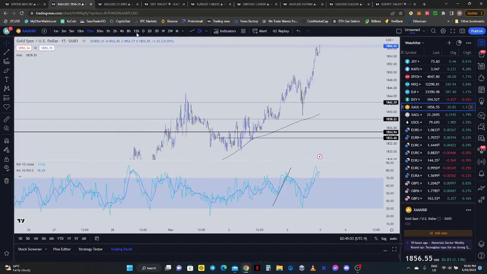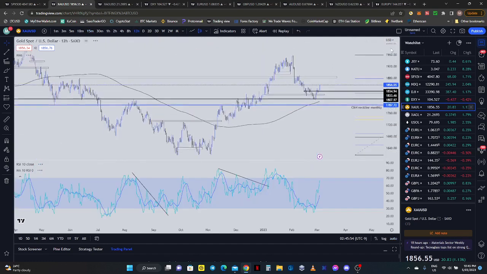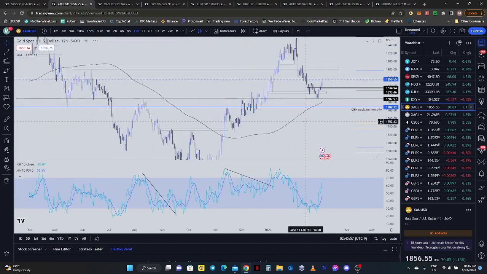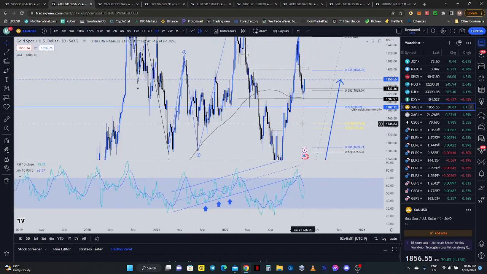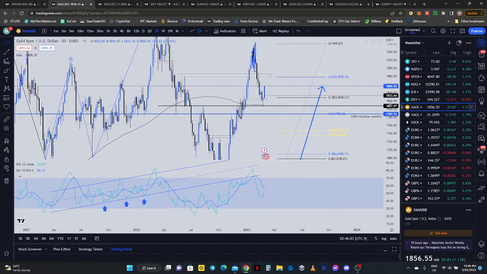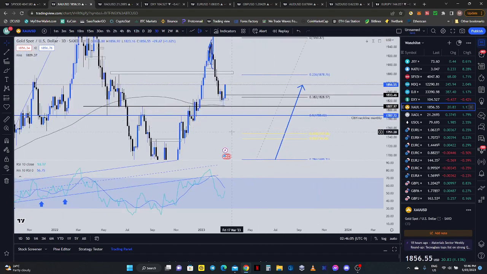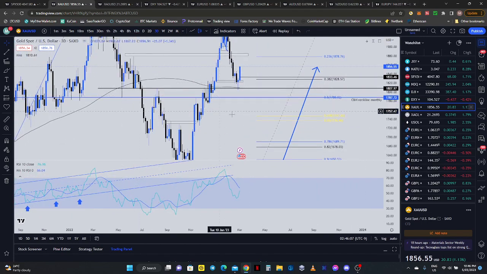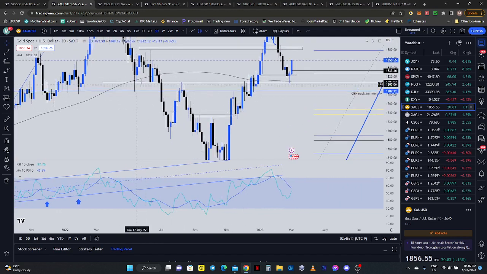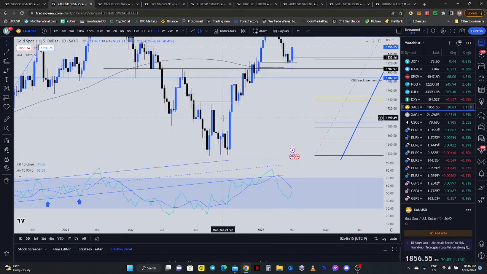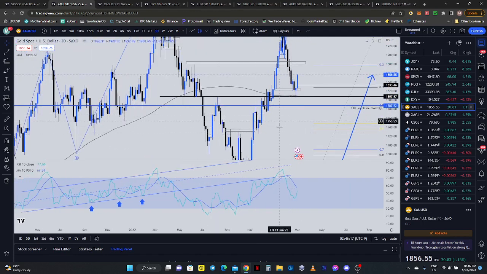So gold, what was I expecting? Sort of a nice retest off this level. We broke through that support there, bearishly retested it, came down, did all this, came up.